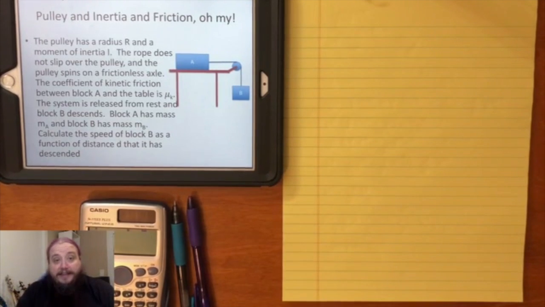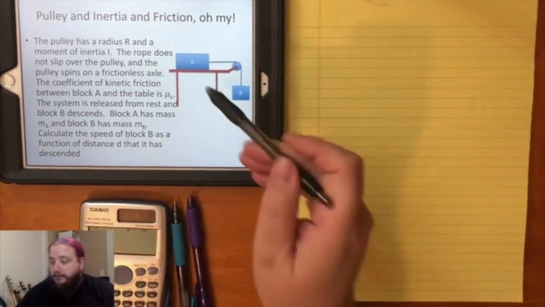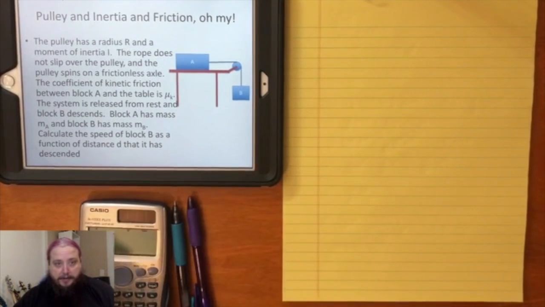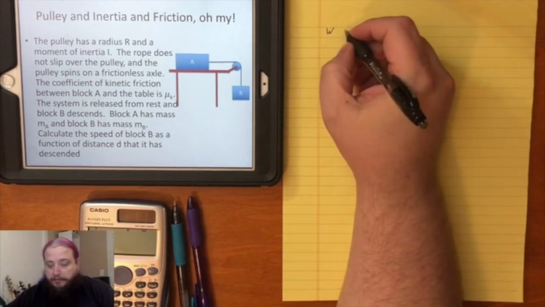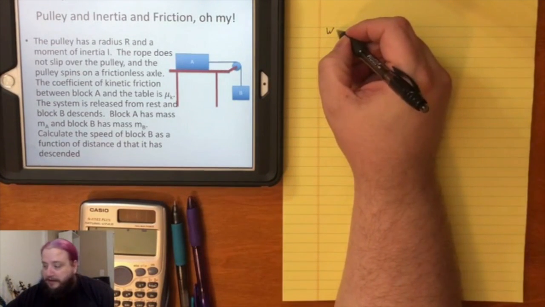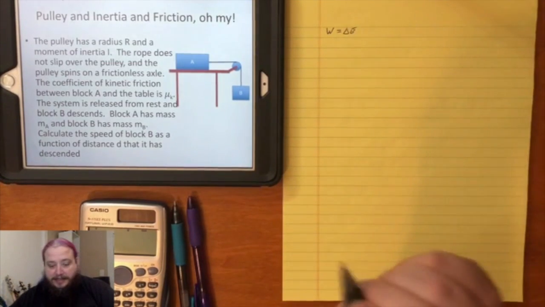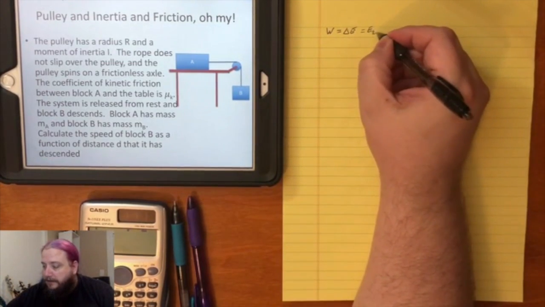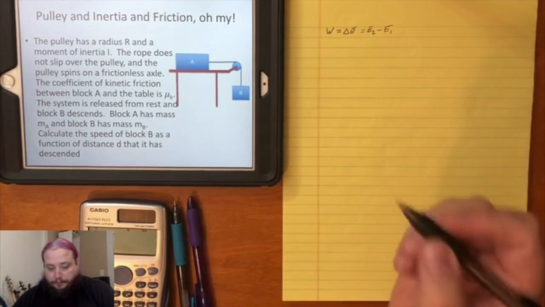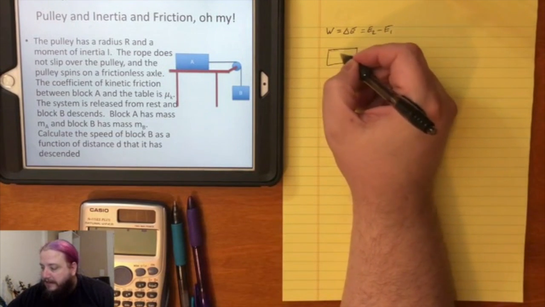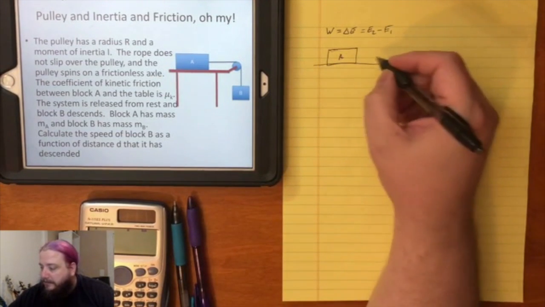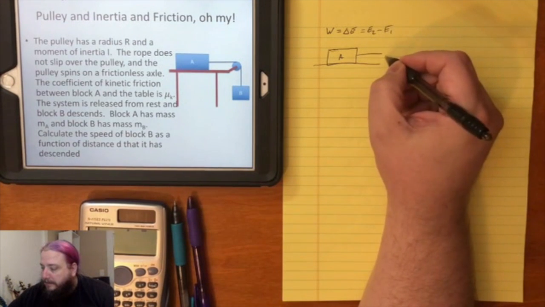All right, so in this case, we do have friction at work, at least friction between the table and block A. And so we can't use energy conservation, but we can use the work energy theorem, which says that the work being done here is the change in the energy, or energy 2 minus energy 1, where we've got box A here sitting on a table connected via a pulley.